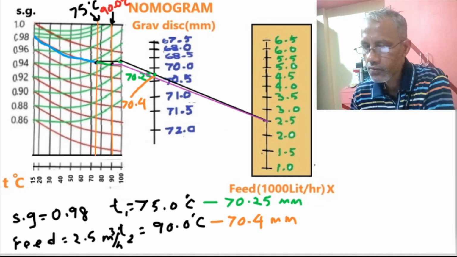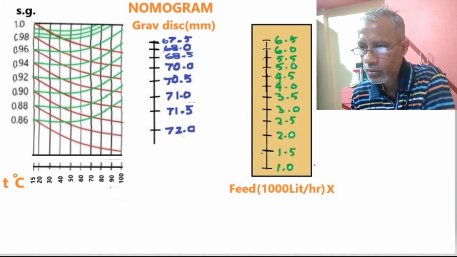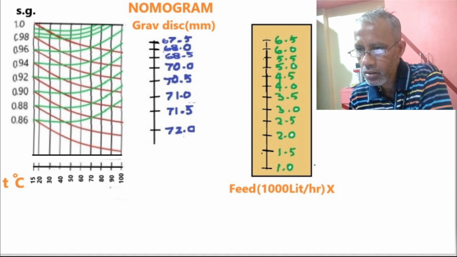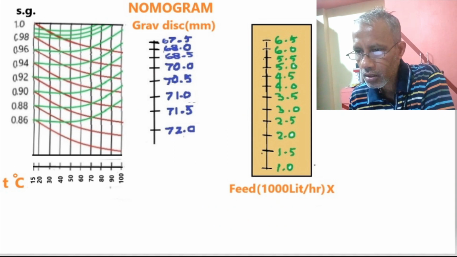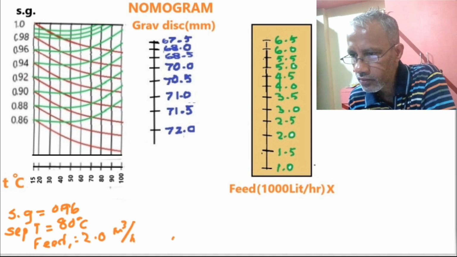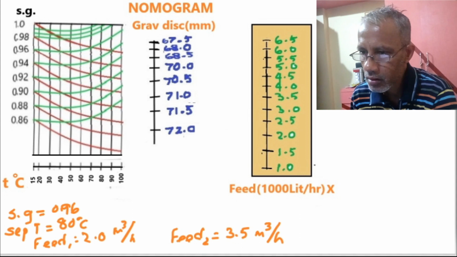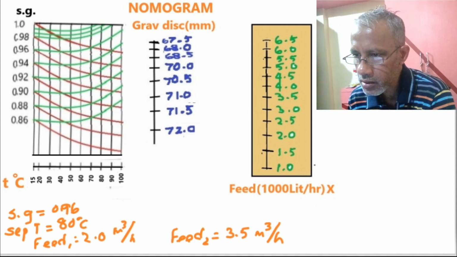And now we'll have to see for the different feed rates. We'll take specific gravity to be constant at 0.96 and separating temperature 80 degrees Celsius and feed rates 2.0 and 3.5 meter cube per hour. Let's trace the separating temperature of 80 degrees Celsius line.